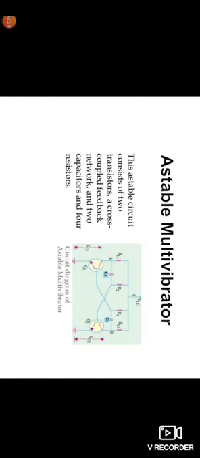The circuit diagram of the astable multivibrator consists of two capacitors, C1 and C2, and four resistors, RL1, RL2, R1 and R2, connected across points A and B. The collector of the second transistor is connected to the base of transistor Q1, and the collector of transistor Q1 is connected to the base of transistor Q2.